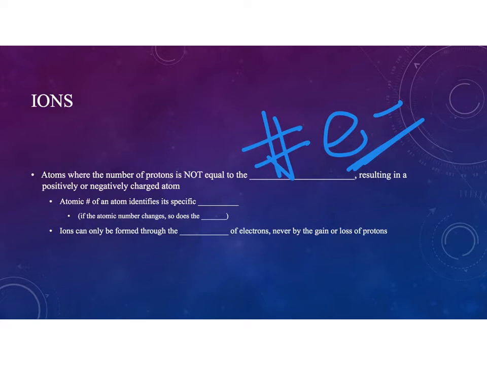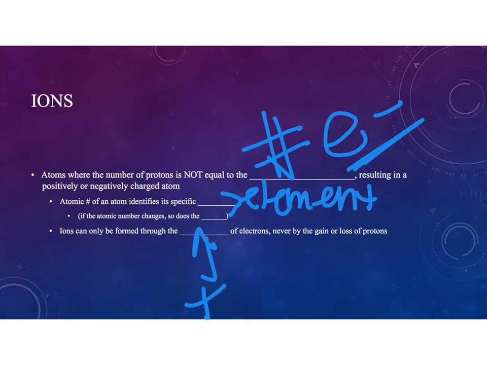So, the atomic number of an atom identifies it as a specific element. If the atomic number changes, so does the element. Same for both. Ions can only be formed through the gain or loss of electrons, but never by the gain or loss of protons. I'm just going to put plus or minus for gain or loss. So here are some examples.